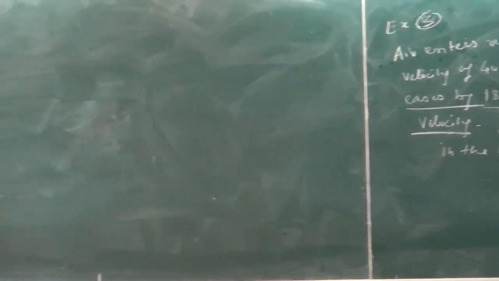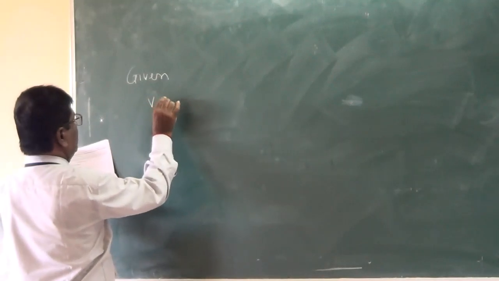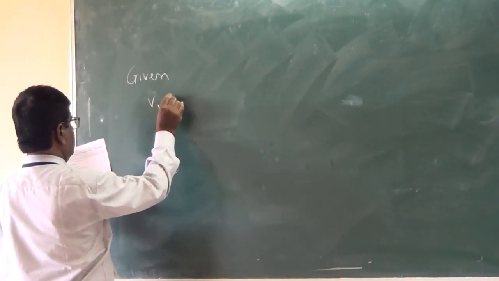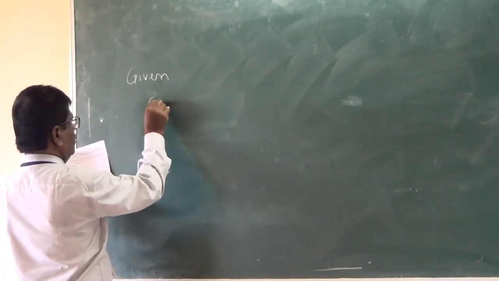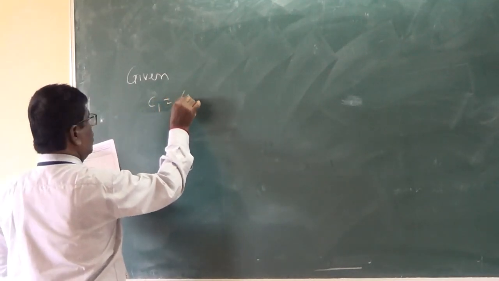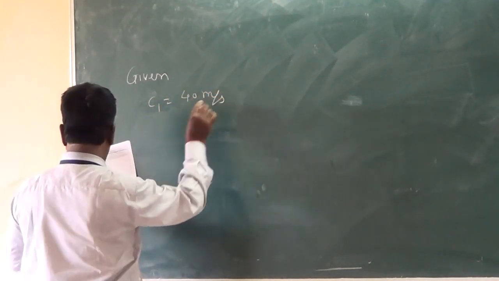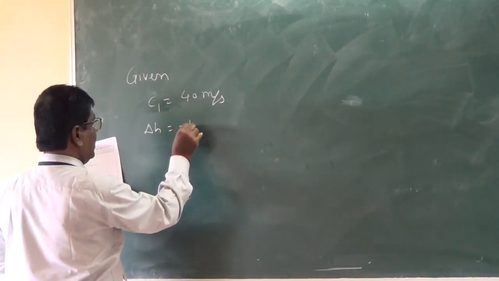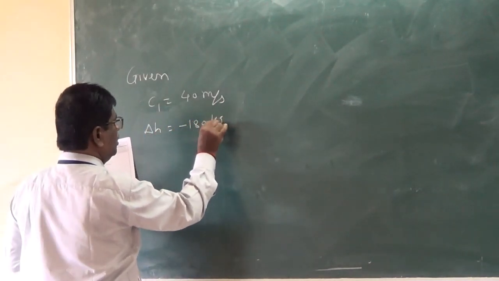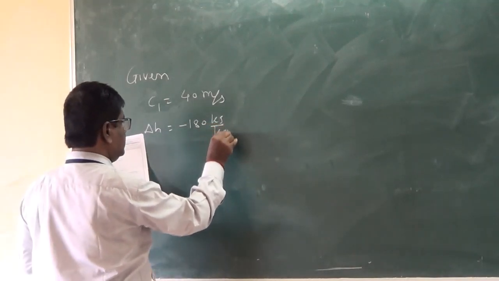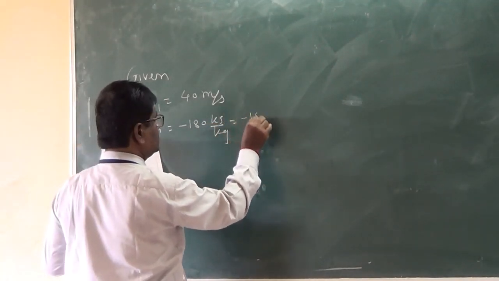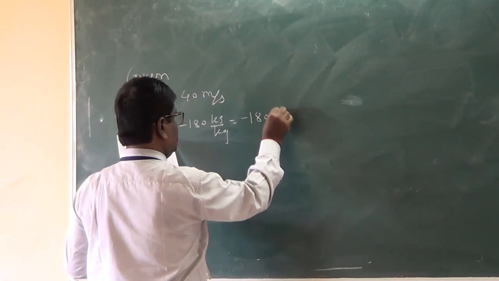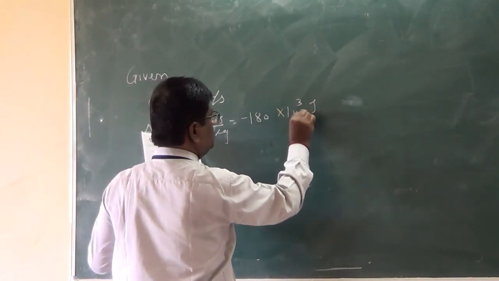Now we start with the given data. C1 is 40 meters per second, and delta H is equal to minus 180 kilojoules per kg, which is minus 180 into 10 raised to 3 joules per kg.